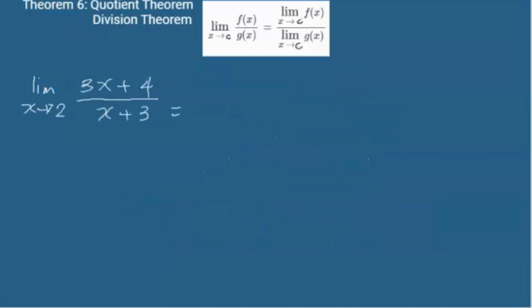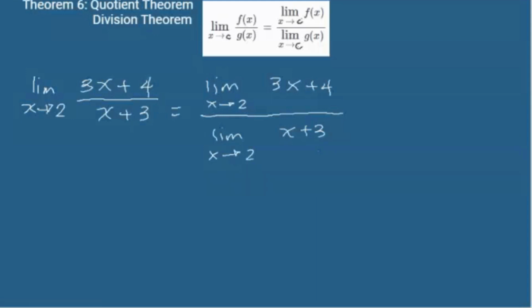Let's have another one. The limit of 3x plus 4 over x plus 3 as x approaches 2. Applying the quotient or division theorem, this would be the limit of 3x plus 4 as x approaches 2 divided by the limit of x plus 3 as x approaches 2. Then we'll apply all the previous limit theorems that we learned.